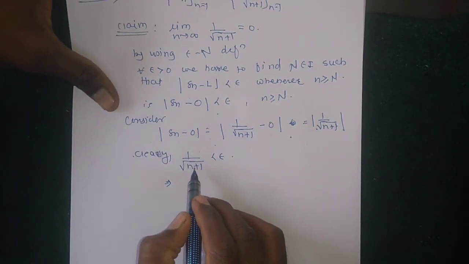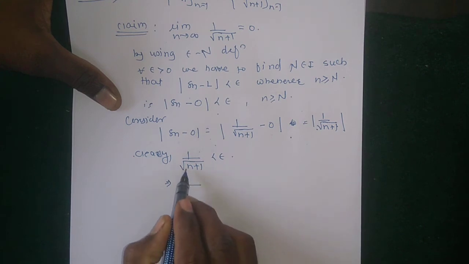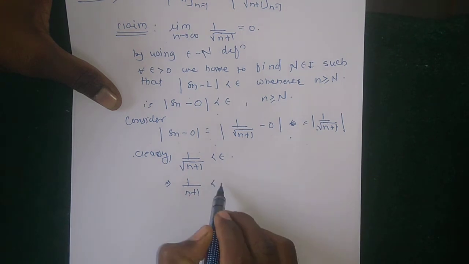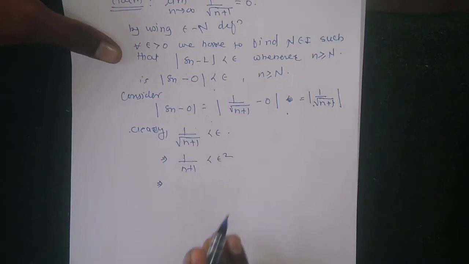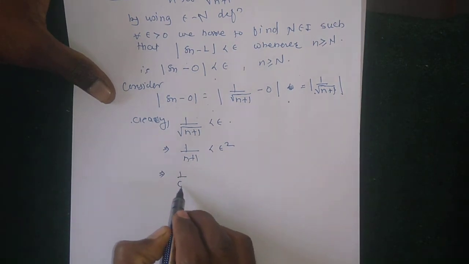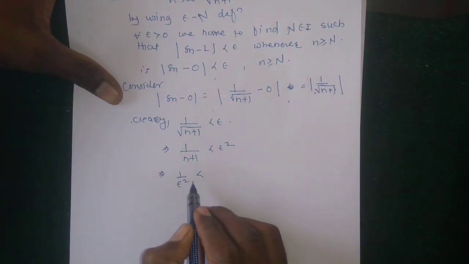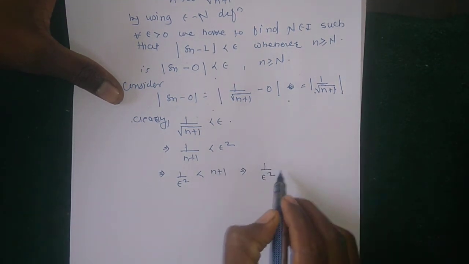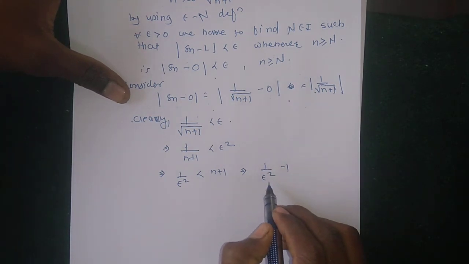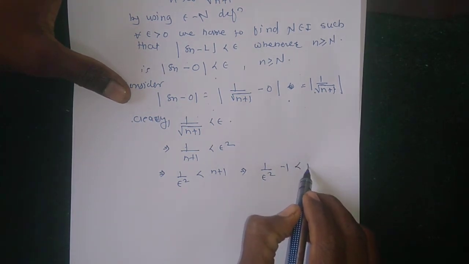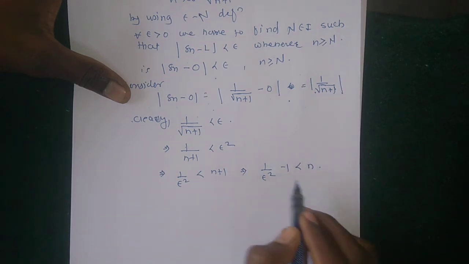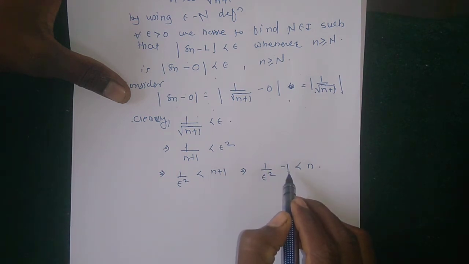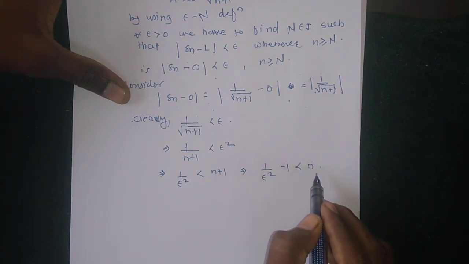Squaring on both sides, we get 1 squared is 1, and root n plus 1 squared is n plus 1, and this is strictly less than epsilon squared. So finding n, we have 1 upon epsilon squared is strictly less than n plus 1, which implies that 1 upon epsilon squared minus 1 is less than n. That means 1 upon epsilon squared, subtracting 1, is strictly less than n.